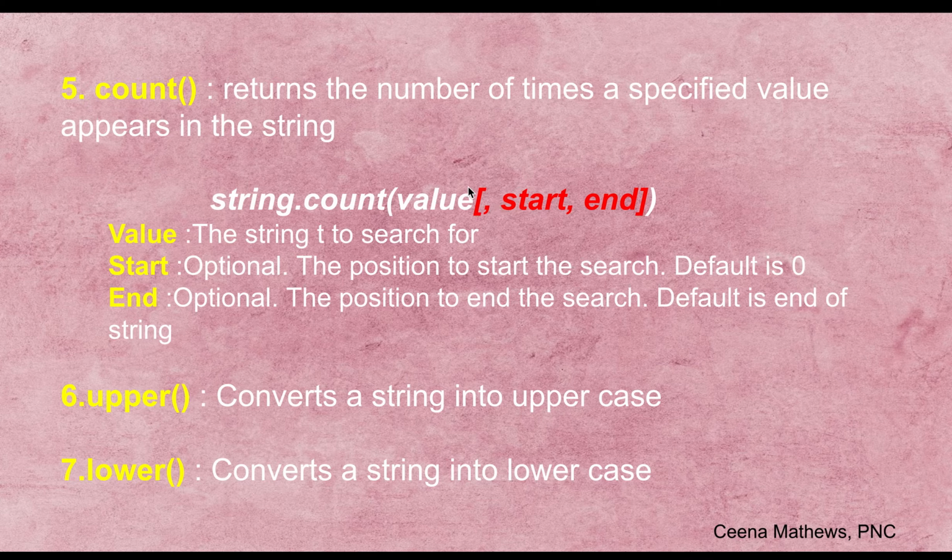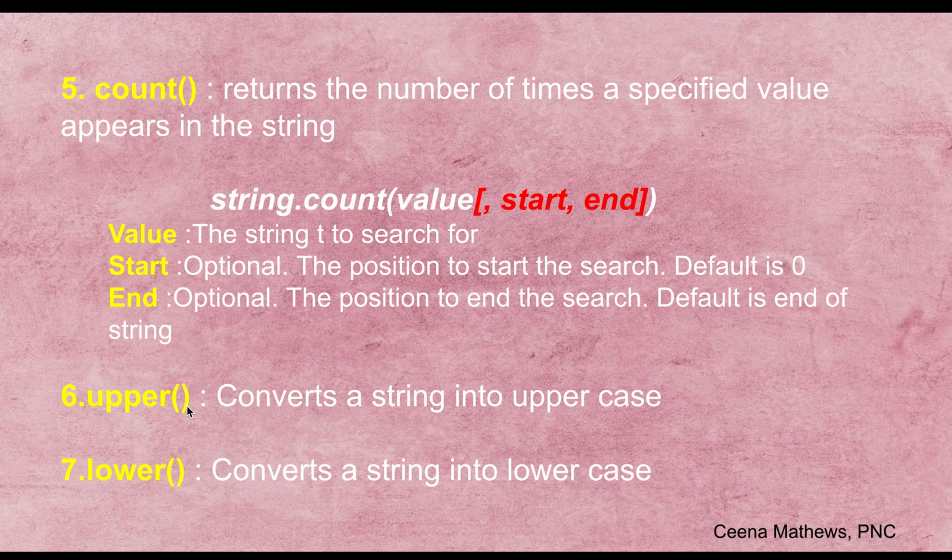Okay, the only mandatory or required parameter is value, and the value here is the string to search for, and the start is optional as I mentioned before, and it is the position to start the search. By default it is 0, and end is also optional. The position to end the search is given here, and the default is end of the string.